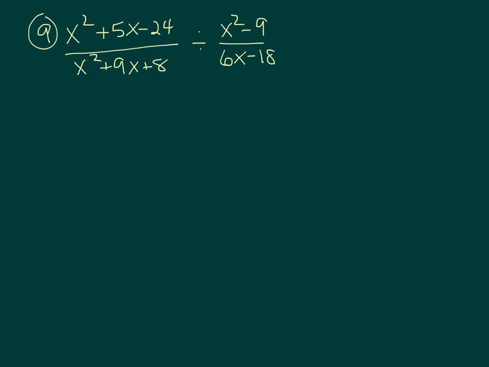So our last problem of the day looks really, really hard and intimidating, but actually it's not so bad. If you feel like you can do it, go ahead and give it a try on your own and pause it. So what you're going to do for this is, there's two things you can do. You can either factor everything first, or you can take the reciprocal first and then factor.